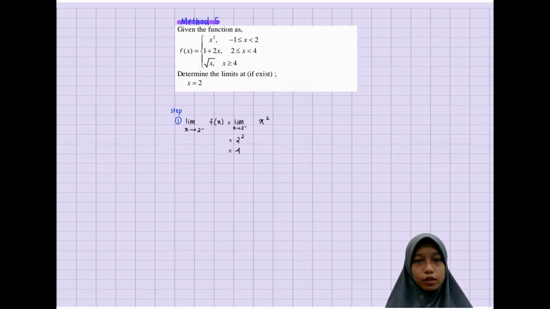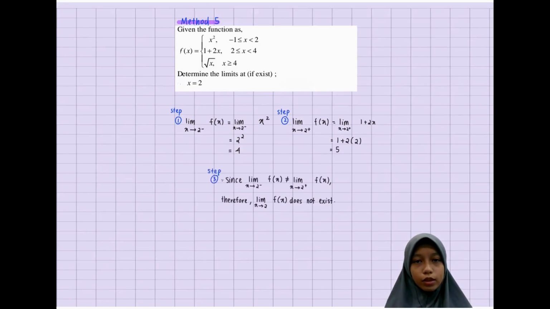We substitute the 2 into x, so 2 squared equals 4. Step 2, we find the limit as x approaches 2 from the right side, where the function is 1 plus 2x. So 1 plus 2, substituting the 2, we get 5 as the answer. Step 3, we determine whether the limit from the left side is not equal to the limit of f(x) as x approaches 2 from the right side. Therefore, the limit of f(x) as x approaches 2 does not exist.